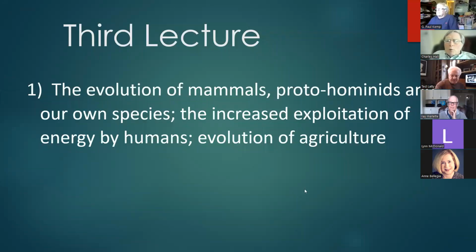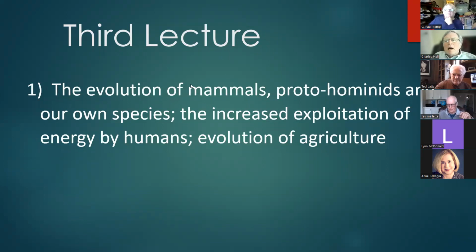Okay, so we've talked about some principles of energy and how it operates the world in many respects, and how it relates to biology and natural selection. We're going to continue on that course, except we're going to focus on the evolution of our own species.